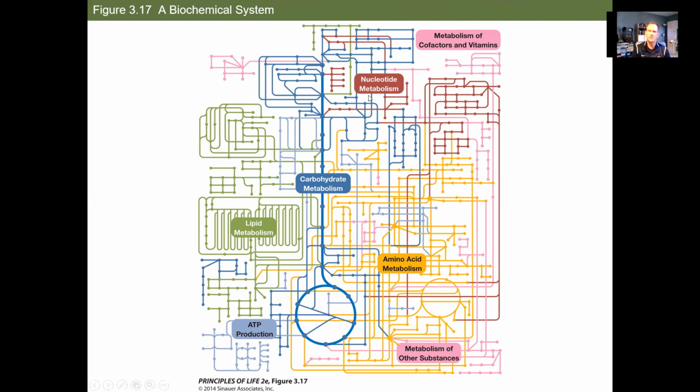Everything from making nucleotides, making DNA, metabolizing carbohydrates, whether we're breaking them down for energy or building them back up, making lipids, all right, those fat molecules for storage, phospholipids for your cell membranes, all production of ATP, all right? Amino acid metabolism, making all those different types. And honestly, this thing is woefully incomplete. Like, this is just a general map.